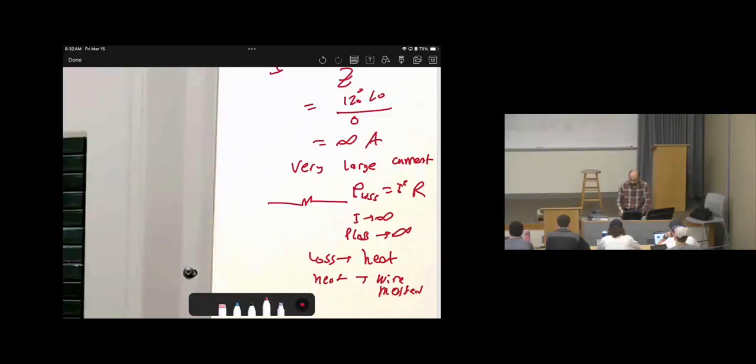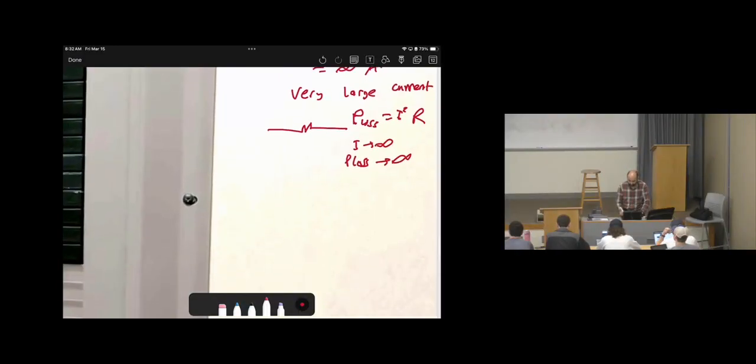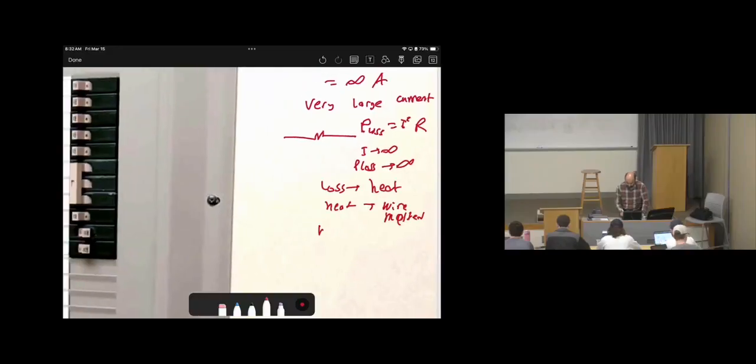And of course, melting causes fire. High temperature will cause fire, right? As you may have heard, when there is an electrical connection problem at one of the homes, we hear there was a fire.